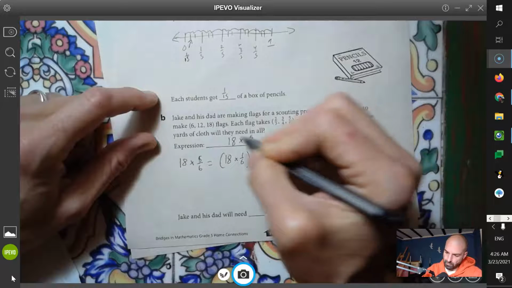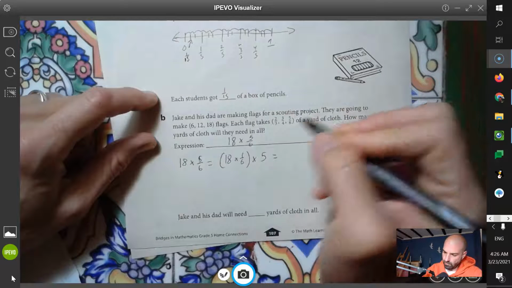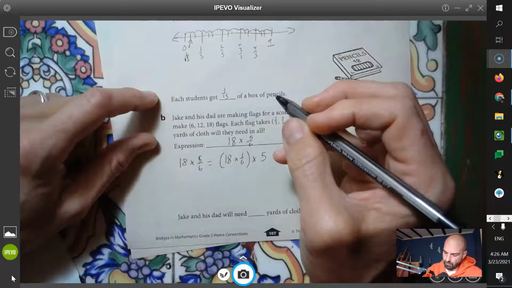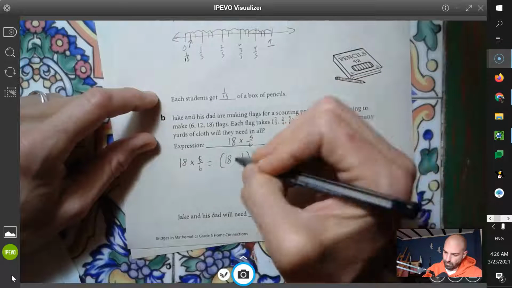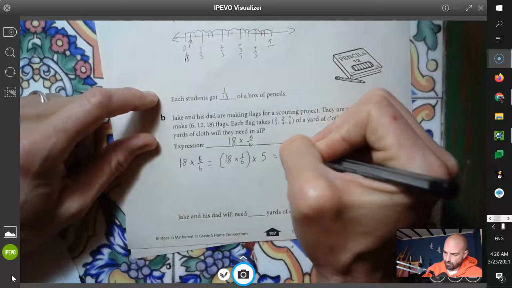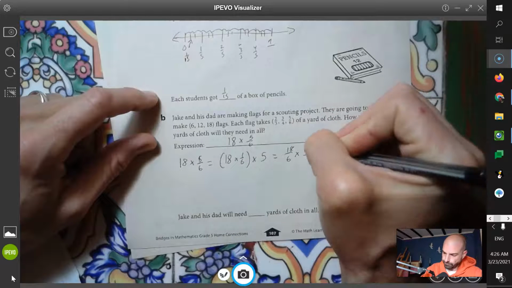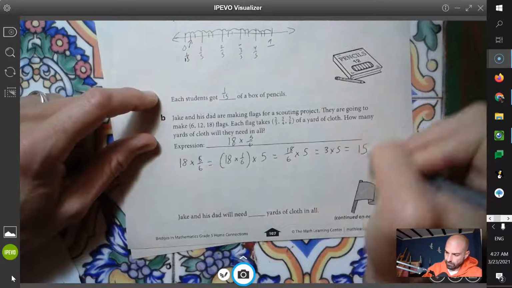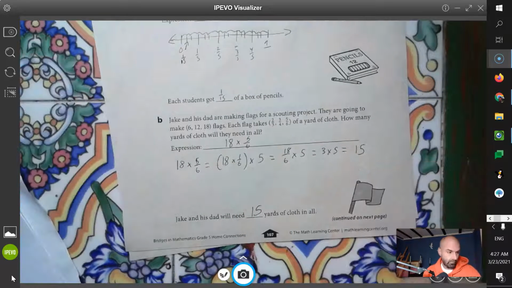Or could I have switched it? I could have made it, here, let's make this better: 18/6 times 5, which is the same as 3 times 5, which is the same as 15.